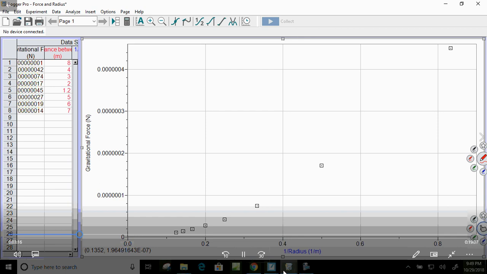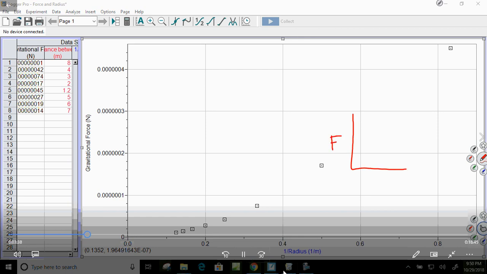Oh, wait, it's not a line. It's still a curve. And if I look at the cheat sheet, this curve now tells me that, well, maybe I need to graph y versus x squared. So I need to linearize it again. And when I graph the 1 over x squared, I have to graph 1 over radius squared.